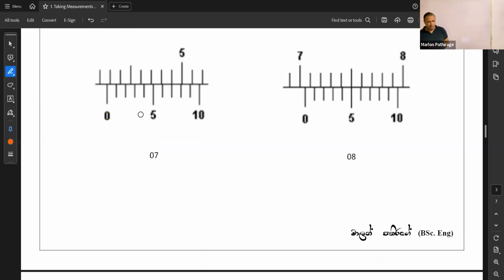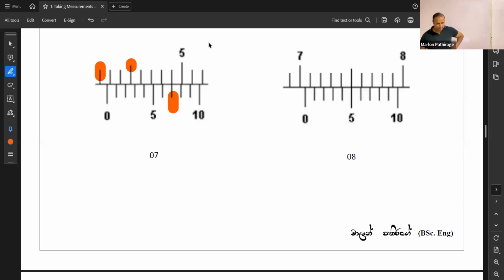So then this is the fifth one. This reading should be 4.2, that means 42, and the reading is 42.7.